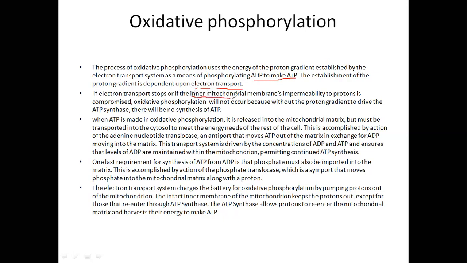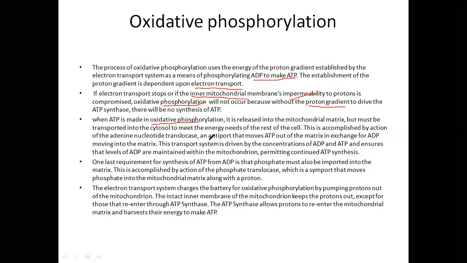If the impermeability of the inner mitochondrial membrane to protons is compromised, oxidative phosphorylation will not occur, because there is no proton gradient. Then there is no meaning of the proton gradient system and driving of the energy. So that's why the membrane is impermeable, and it won't allow protons to go in as they want. Hence, oxidative phosphorylation occurs.